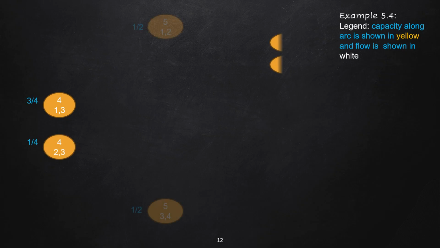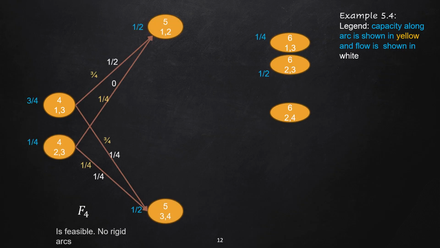First, we consider F4 and we find F4 is feasible and there are no rigid arcs. So N4 is same as F4 and we proceed to build F5.